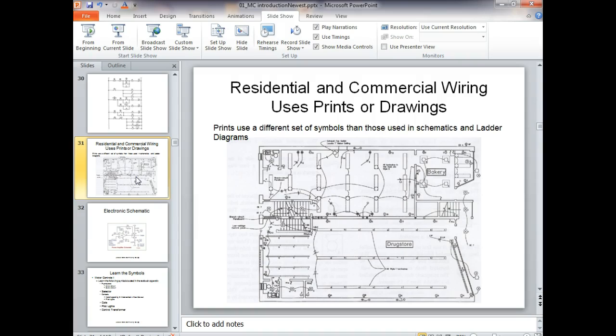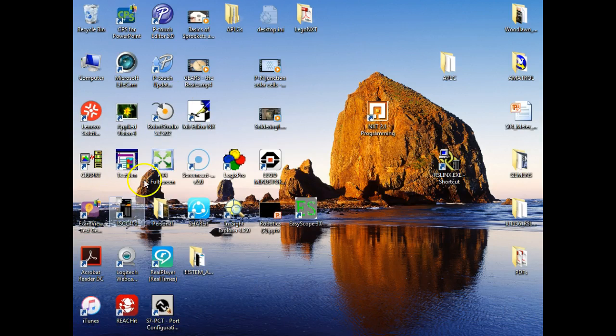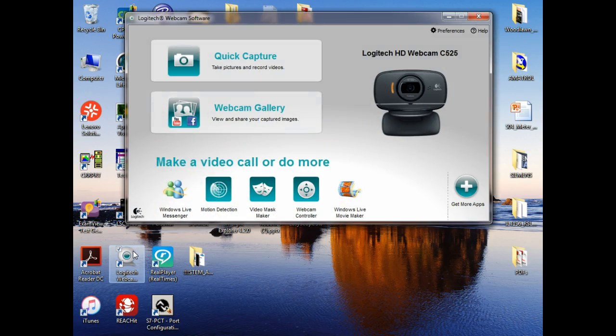So this is a solenoid. Let me bring my camera up. In fact, I need to. I forgot to do that. Logitech. I don't know why I can't get this to go full screen. I don't use this camera that much.